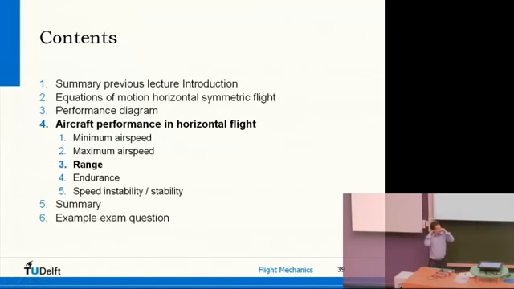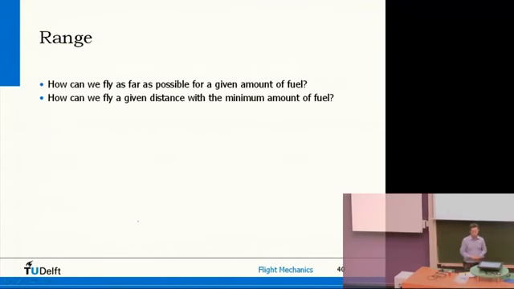Now let's start having a look at range. So trying to fly as far as you can. There are two questions you could try to do. You could say, I take my aircraft, I want to fly as far as I can, just see where I end up. Now that's not a really normal way of flying.